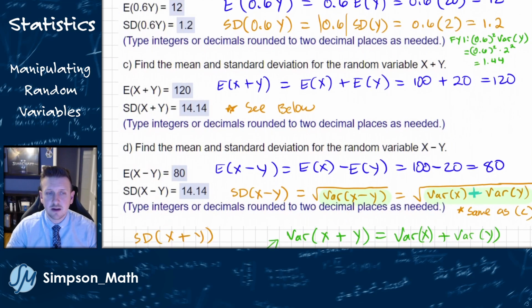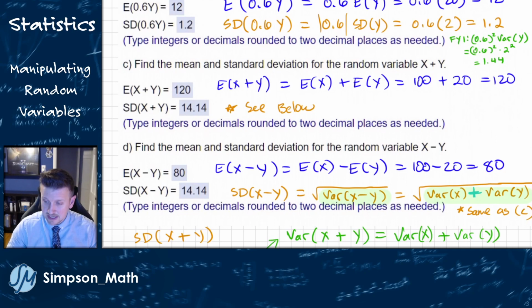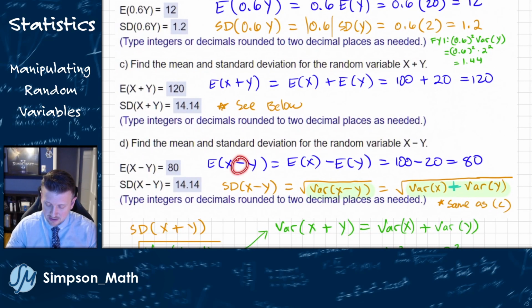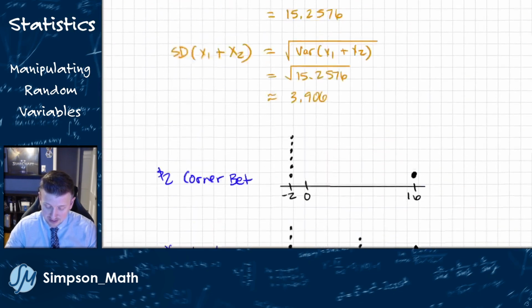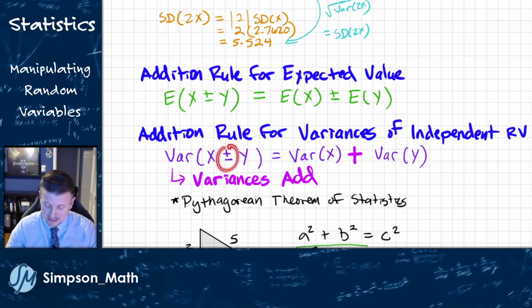What about if I did the mean and standard deviation for x minus y? Well, the mean is a little bit different because now I'm subtracting, so I subtract right here, and then we get that 80. But then what's happening with the standard deviation? The standard deviation of x minus y is going to equal the square root of the variance of x minus y. Our property up here says, I don't care whether it's a plus or a minus, it will always be a plus, because our rule is variances add.